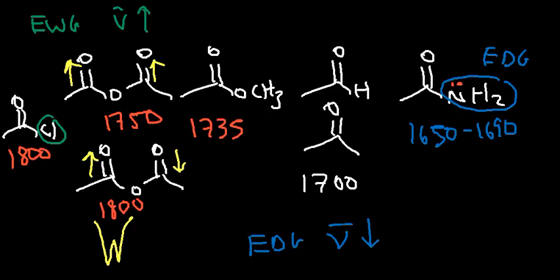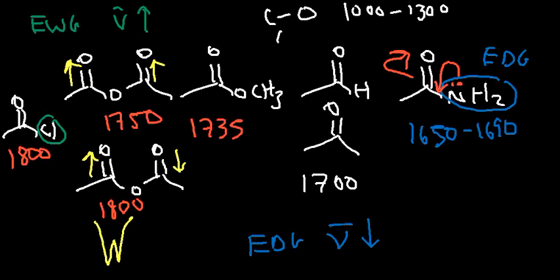Now this nitrogen can do 2 things. It can donate electron density by means of the resonance effect. If that happens, the carbonyl bond loses its double bond character. It becomes more like a single bond. And a single bond is weaker than a double bond. Now, if you remember, we said a C-O bond could be anywhere from 1000 to 1300, and a C double bond O was like 1700.